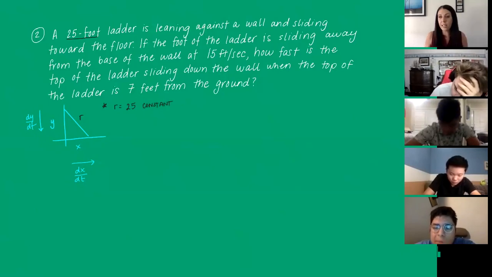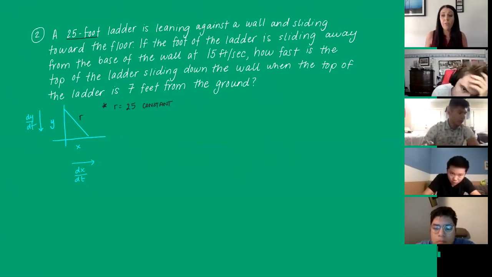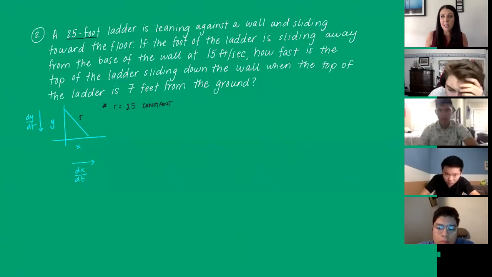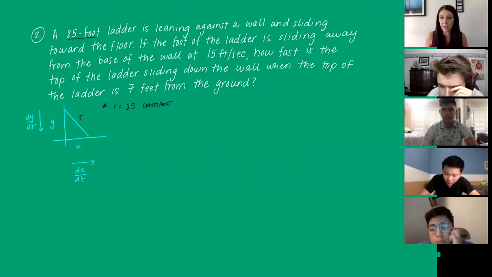Anytime you have a constant, it's important to identify that in your given information because we're gonna plug constants in before we take a derivative to make our derivatives a little bit easier, okay? Now this is a constant because it's not a growing magic ladder. It is always a 25-foot ladder. It never changes its length, okay?